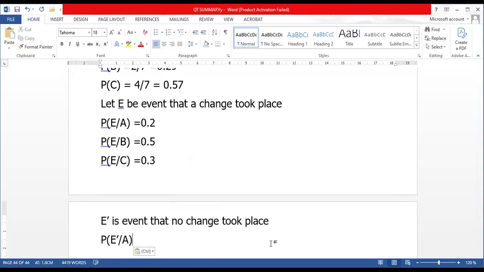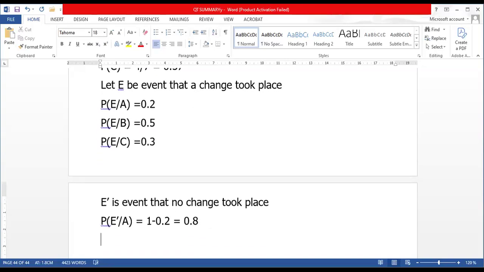Who can tell me this one? If you have 0.2 as the probability that the change took place as a result of A, then the remaining balance, 1 minus 0.2, is the probability that the change did not take place, which is 0.8. Then given B, you get 0.5. That is the balance.